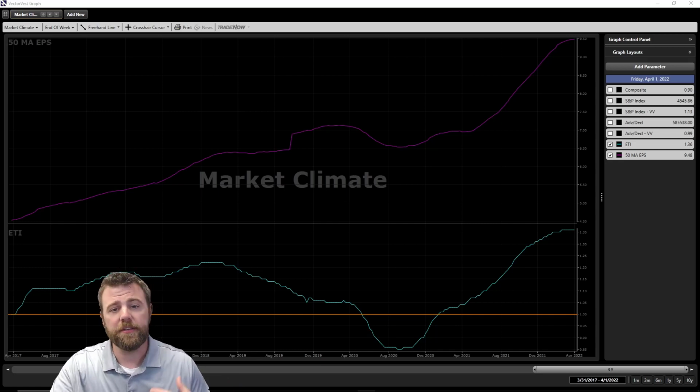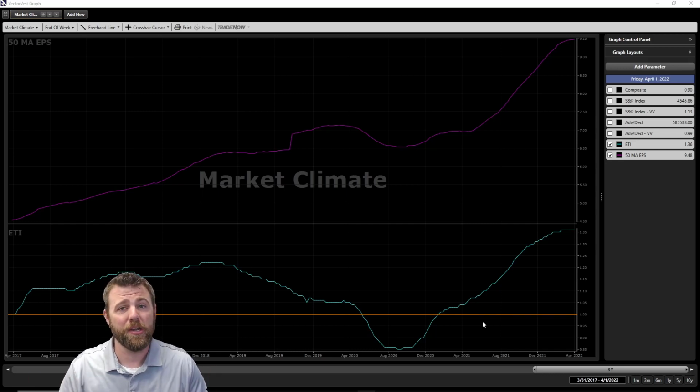One of the things I wanted to point out here is the ETI, or the earnings trend indicator. This makes it really easy for any retail investor. It's cast on a scale of 0 to 2, and above 1, as it's moving higher, means earnings are continuing to grow. If it dips below that level of 1, that would be a warning sign, because that means earnings are actually decreasing.